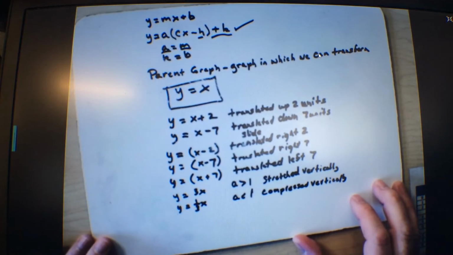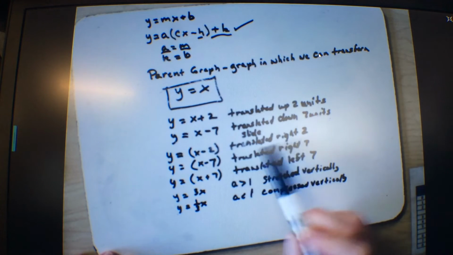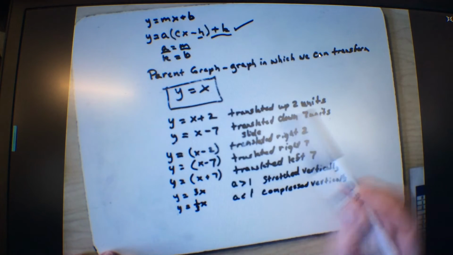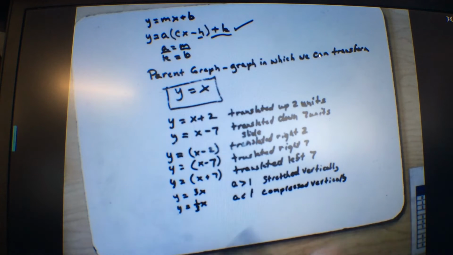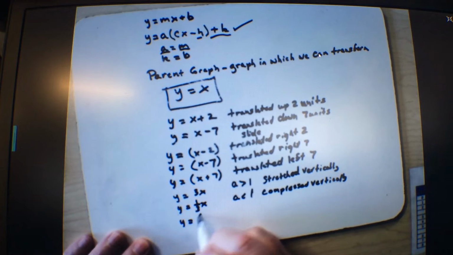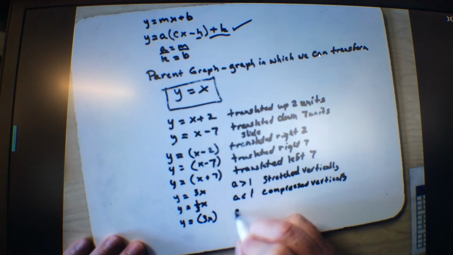We good? All right. Now, you remember how we went into parentheses and it translated left and right? When outside the parentheses, it was up and down, right? Now we're going inside the parentheses with those numbers. So we're going to go y equals parentheses 3x, where c is greater than 1.